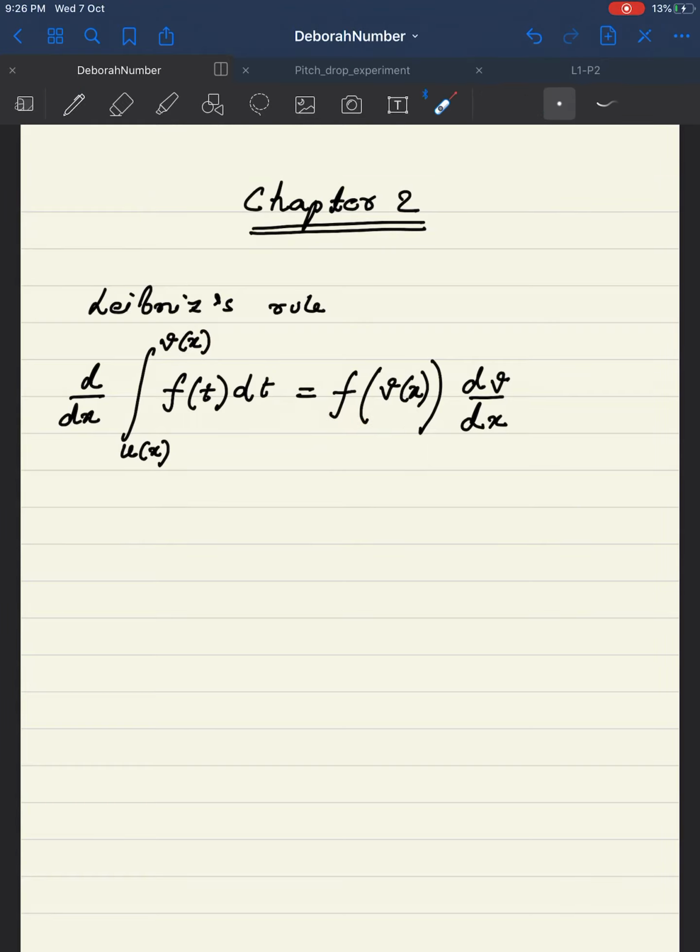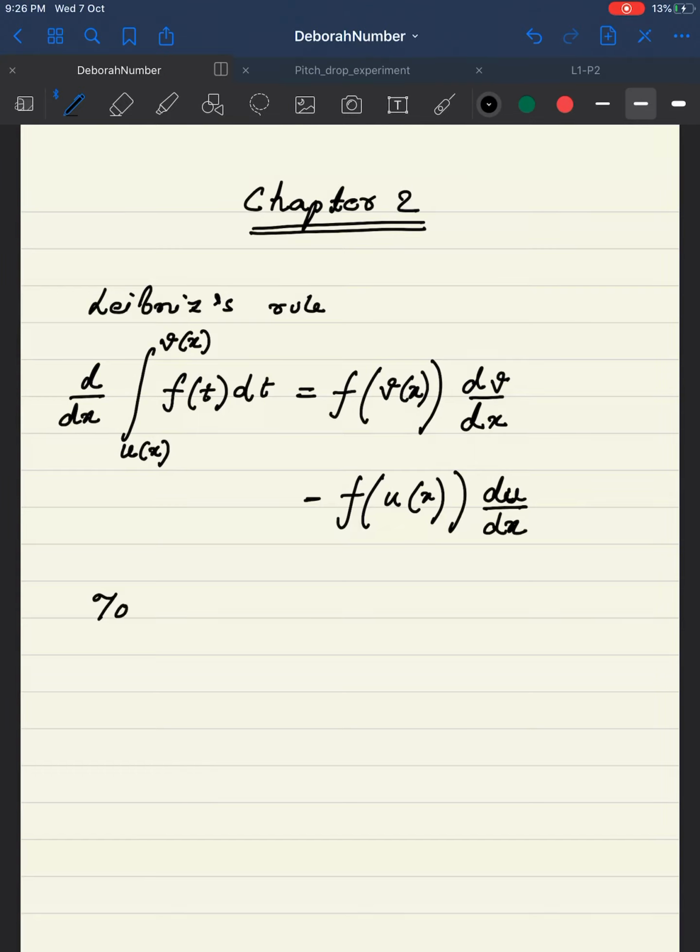So here inside the function is now f of v of x, and here this is the derivative of v with respect to x, and this minus f of u of x, du/dx. Okay. If you want to prove this rule, it's rather straightforward.